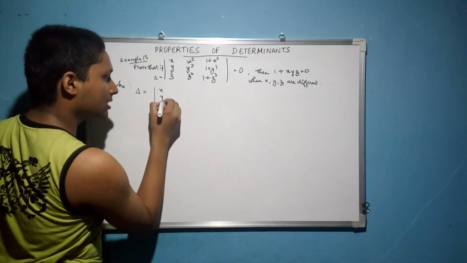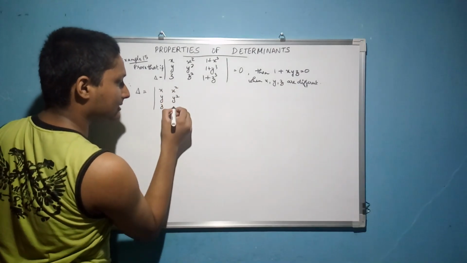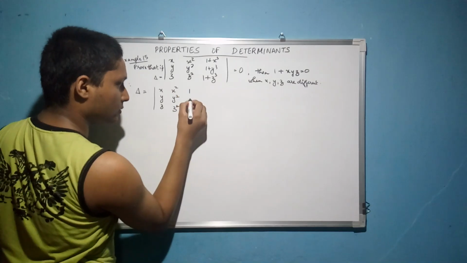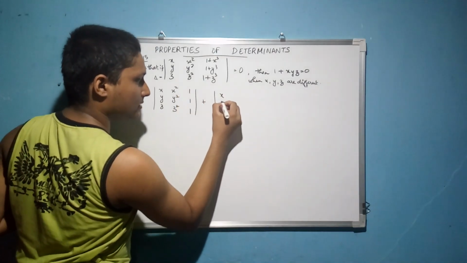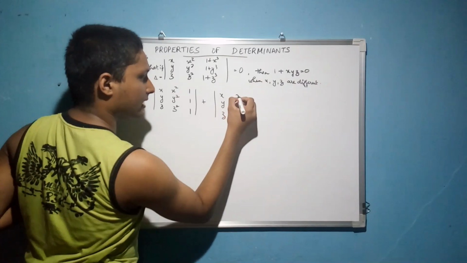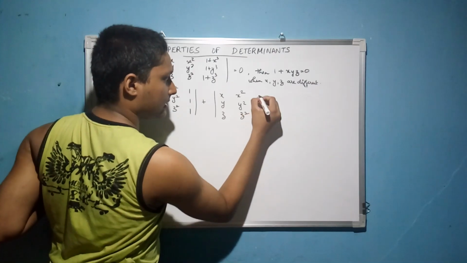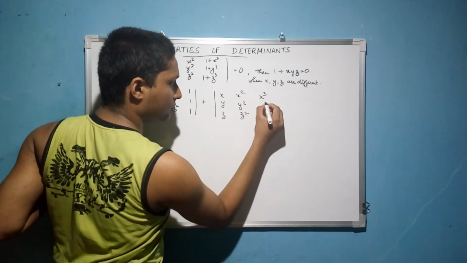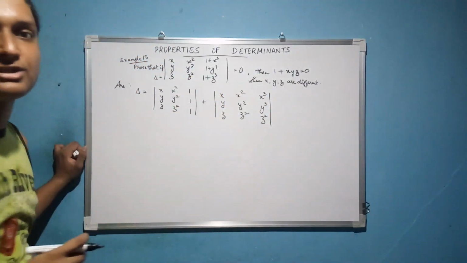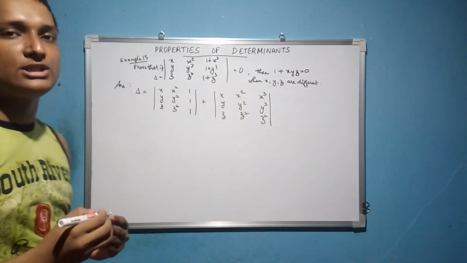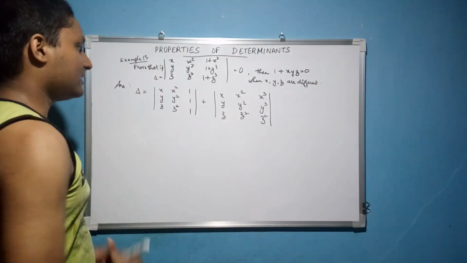It becomes x, y, z, x square, y square, z square, 1, 1, 1 plus x, y, z, x square, y square, z square, x cube, y cube, z cube. So I can write this in the form of these two determinants, and equating it to 0, I'll do the last part.